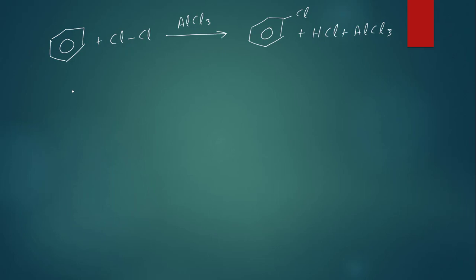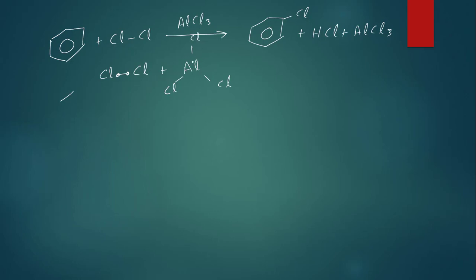For example, we have this chlorine, and this is the electron of this chlorine, and they both will make a dative bond with AlCl3. As we know, aluminum is deficient of electrons.